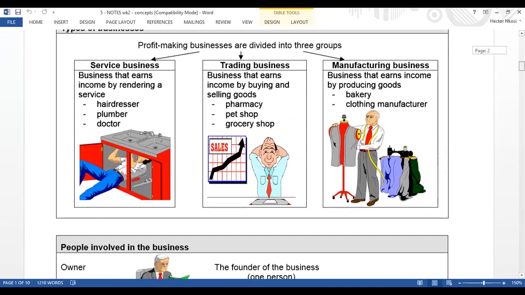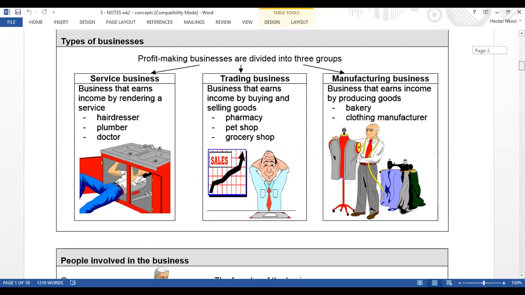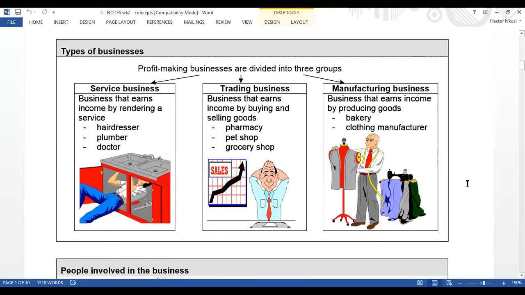Now, types of businesses, right? There are three types of businesses. Profit-making businesses are divided into three groups. You've got a service business that earns income by rendering a service. You've got a trading business that earns income by buying and selling goods.